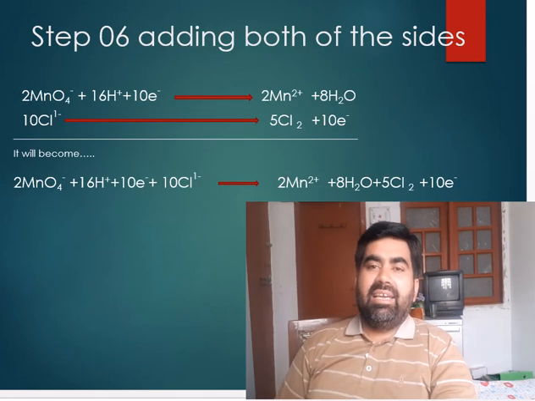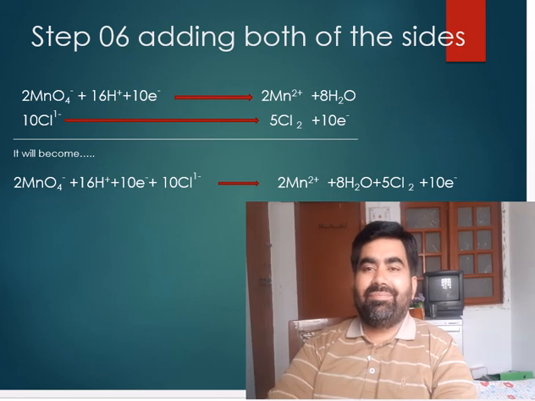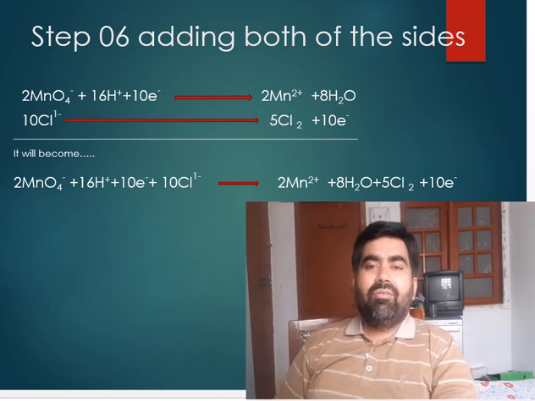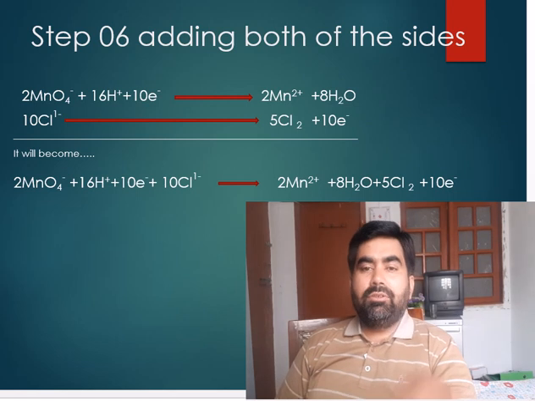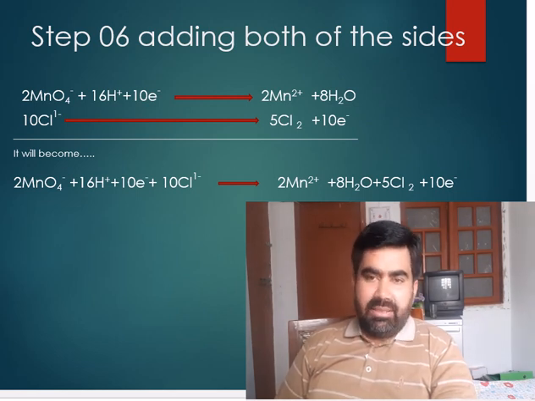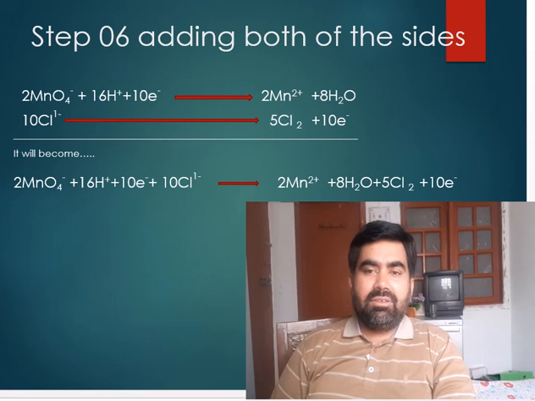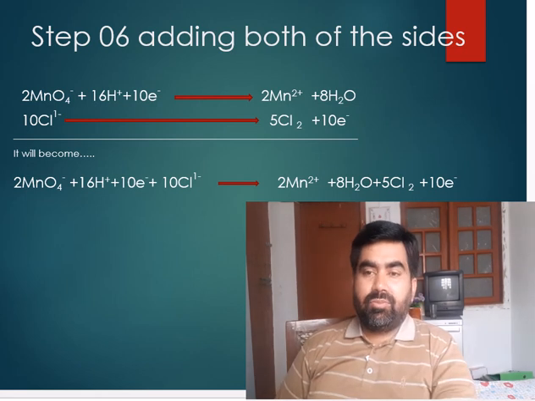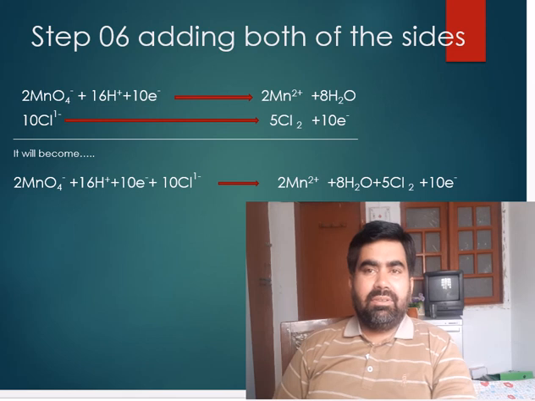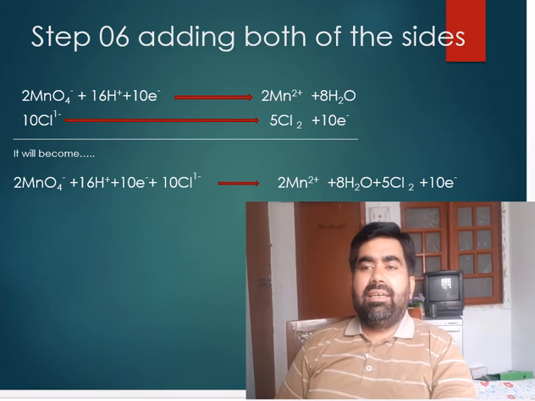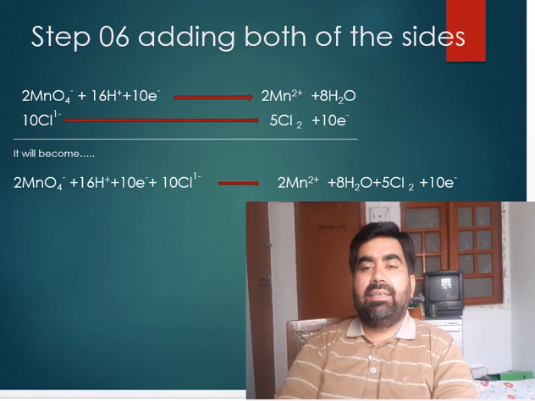Now we will add both sides of the equation. When we add them, we will have 2 manganese oxide, 16 H plus, 10 electrons and 10 chlorine ions, giving 2 manganese ions, 8 water molecules, 5 chlorines and 10 electrons on the product side.